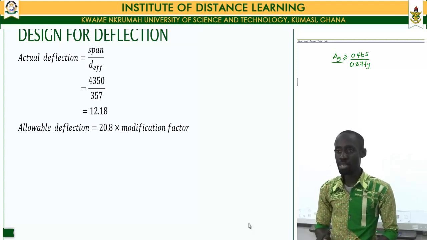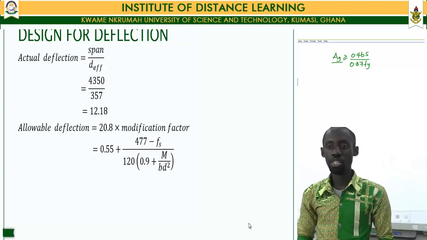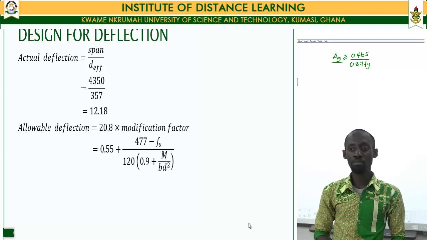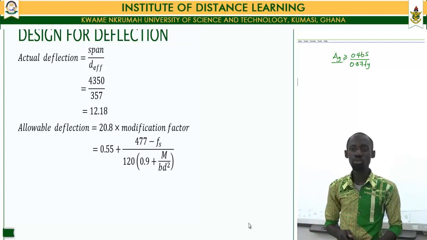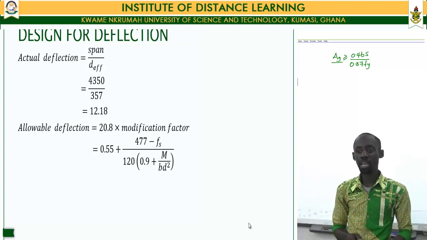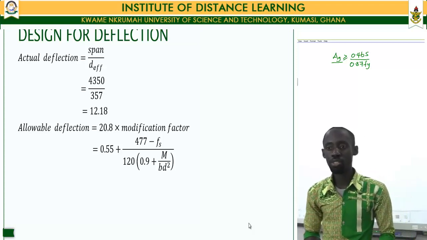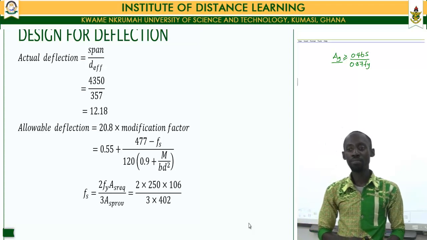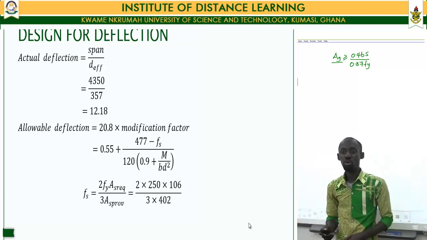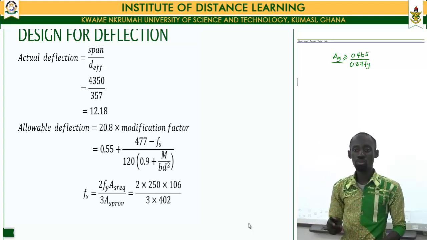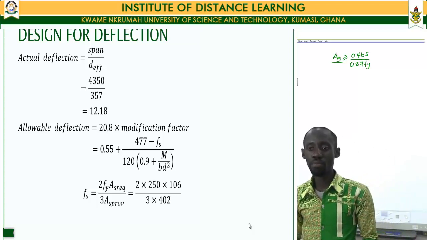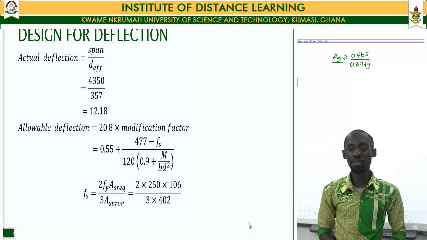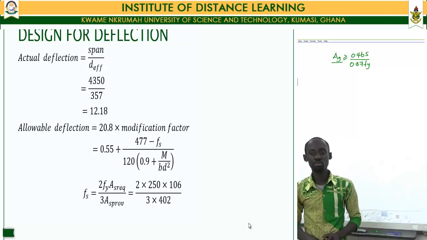From our previous study, our modification factor we realized was equal to 0.55 plus (477 minus fs) all divided by 120 into bracket 0.9 plus M over bd squared, bracket close. Now, our fs value, as we realized from before, was equal to 2 multiplied by our grade of steel multiplied by the area of reinforcement required divided by 3 multiplied by the area of reinforcement provided.